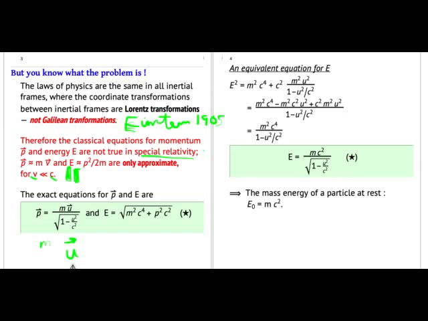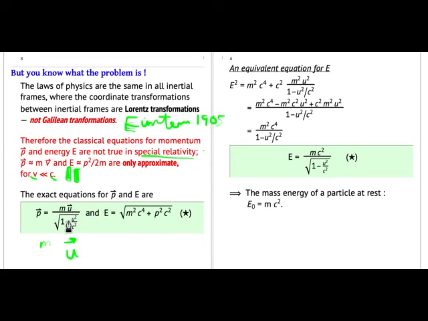I'm using v for the relative velocity between two different frames of reference. But this velocity is not that. This velocity is the velocity of a particle in one of those frames of reference, or in some frame of reference. So I have to call this by a different symbol. I'll call it by u.